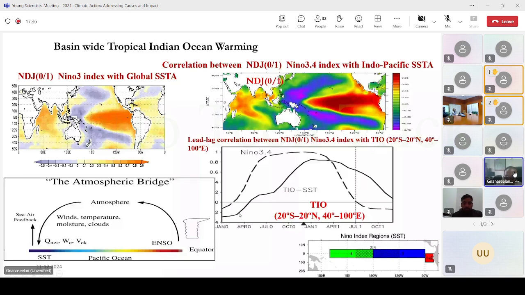They also evolve parallel to the Pacific warming, but they persist for more time, even during the next monsoon period. So this is an important mechanism which can affect the Indian Ocean and Indian Ocean regions.